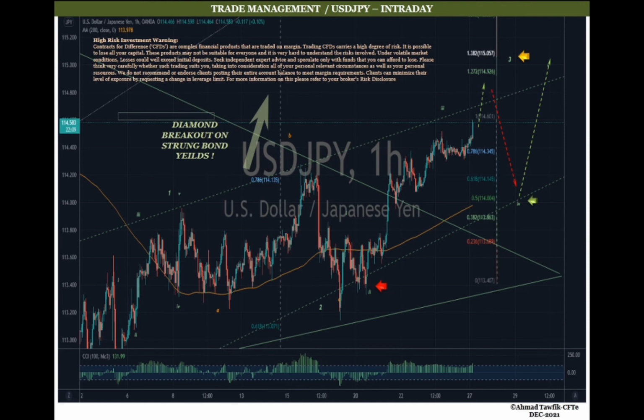We confirm that we have broken out of this diamond, as suspected on strong bond yields. So there is now strength in the short-term end of the bonds. That would mean there's a threat of short-term interest rates rising, so that the yield curve is not inverted, and therefore this is driving the market up.